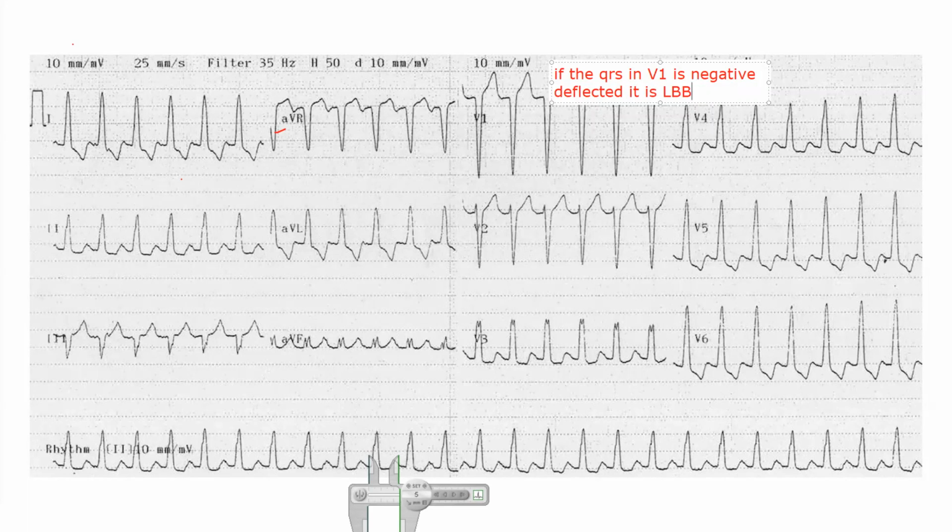The way in which you can identify which bundle is blocked is to always look at lead V1. Actually, you can look at lead V1 and V6, but for simplification, I would like for you to just look at lead V1. If lead V1 is negatively deflected, what is negative deflection? The waveforms are coming down from the baseline, such as in this case, this is what is known as a left bundle branch block.